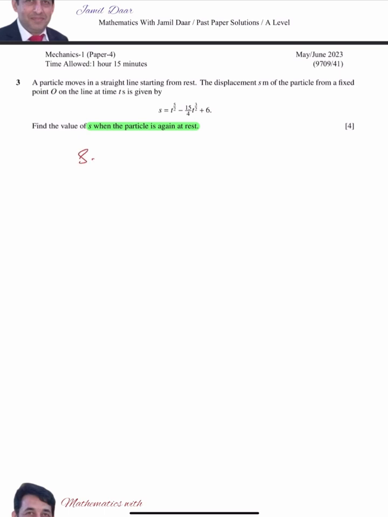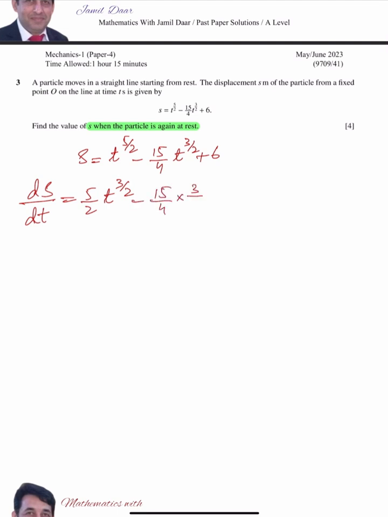S is equal to t raised to the power of 5 by 2 minus 15 over 4 t raised to the power of 3 by 2 plus 6, and ds over dt is equal to 5 over 2 t raised to 5 by 2 minus 1, which is 3 by 2, minus 15 over 4 into 3 by 2, and t raised to the power of 3 by 2 minus 1 is 1 by 2, plus 0.